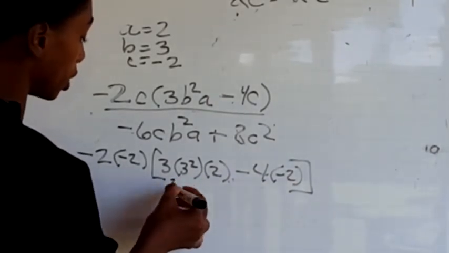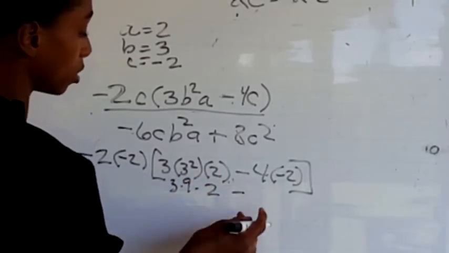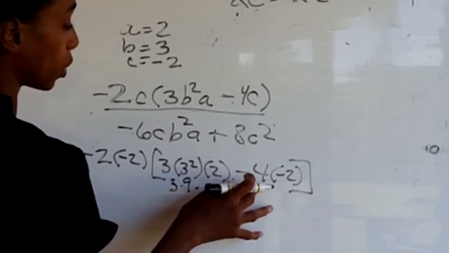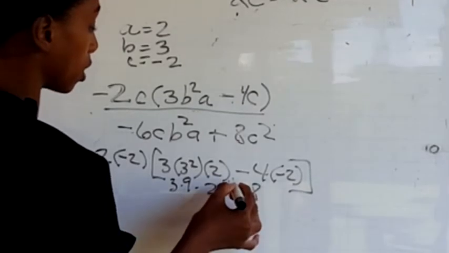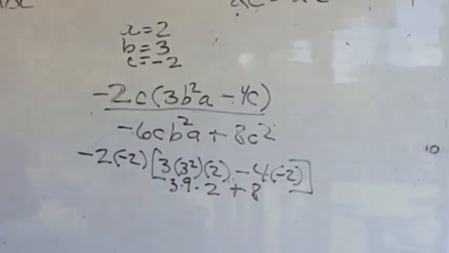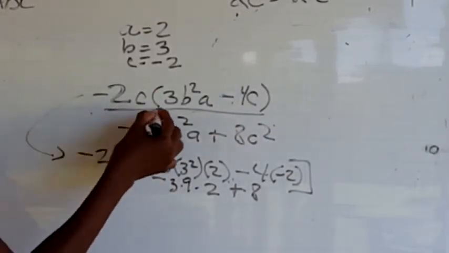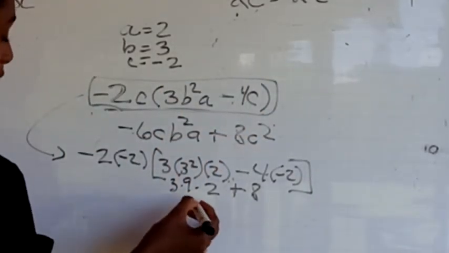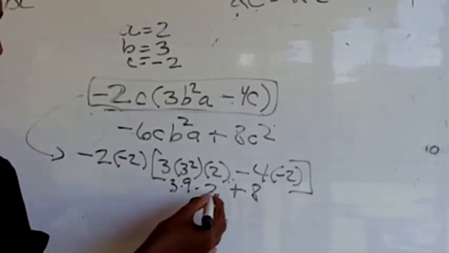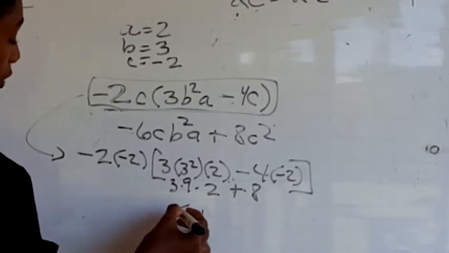This is going to give us 3 times 9 times 2, and then negative 4 times negative 2 is going to be positive 8. Then we have 3 times 9 is 27 times 2 is 54.